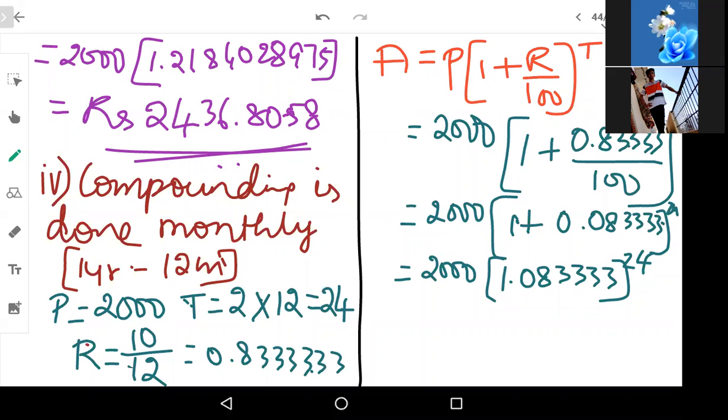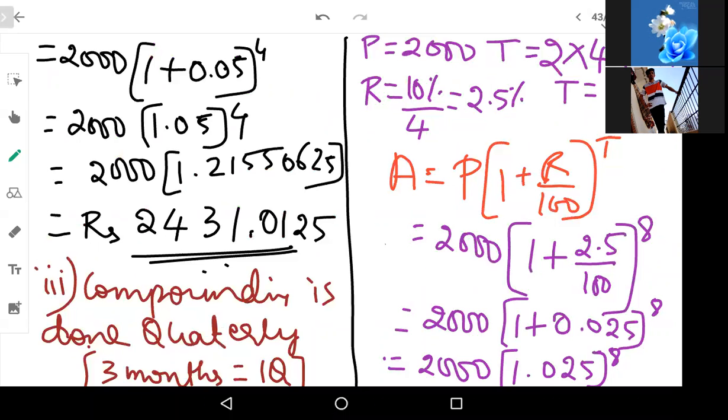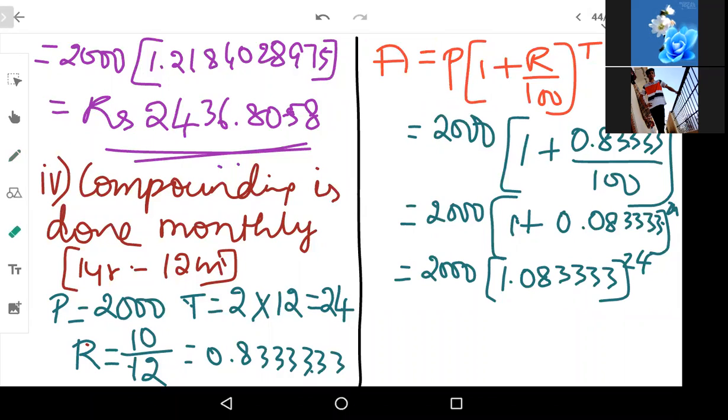Now, if you go back to the question, okay, there are two zeros, is it? Okay, I missed that. Zero point zero zero. So 0.0. Okay, wait. 1.008.